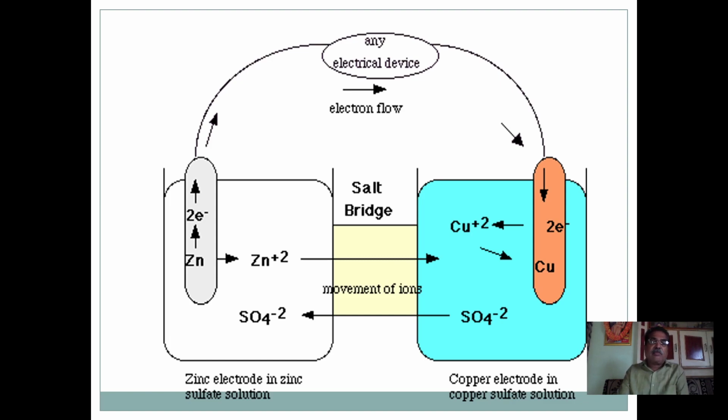Now electrons flow from the zinc electrode to the copper electrode, while the ions, that is SO4-2 ions, transfer from the copper electrode to the zinc electrode, and Zn+2 ions transfer from the zinc electrode to the copper electrode.